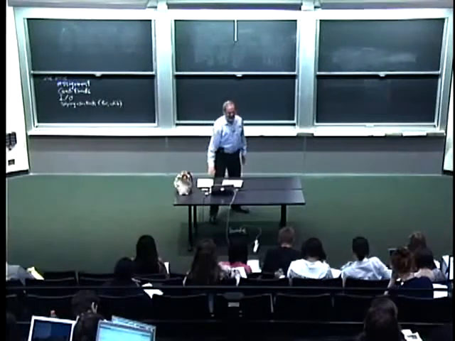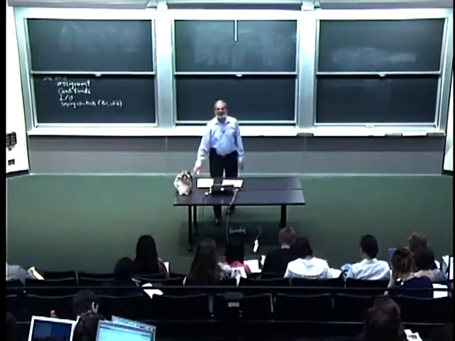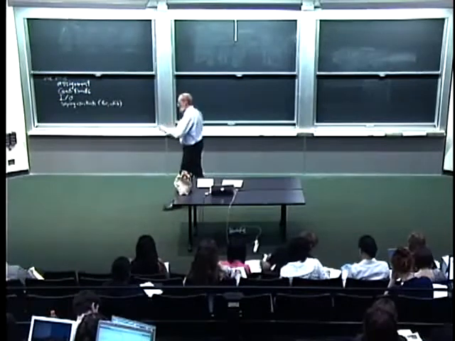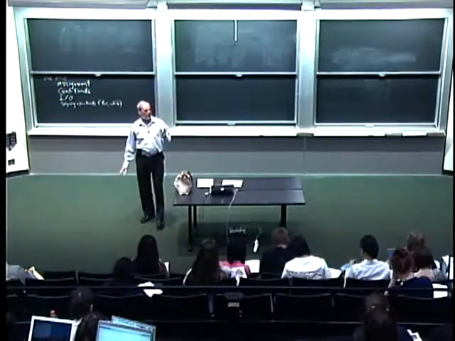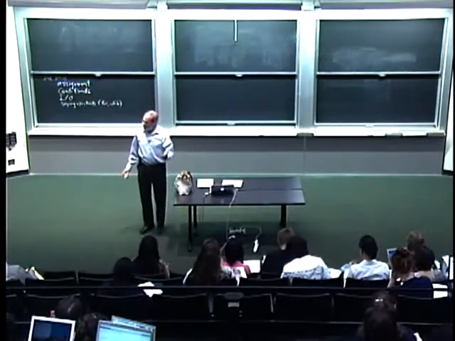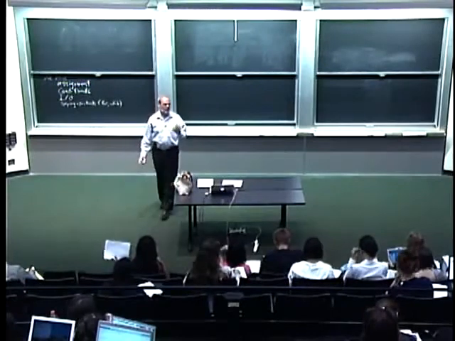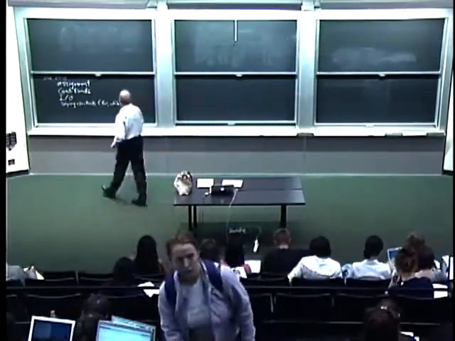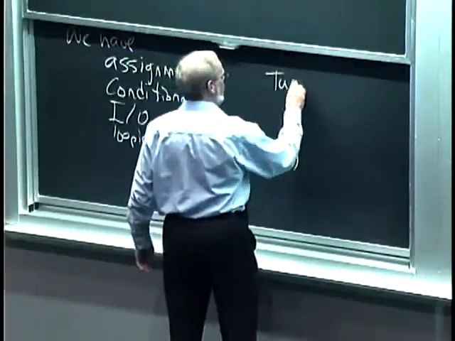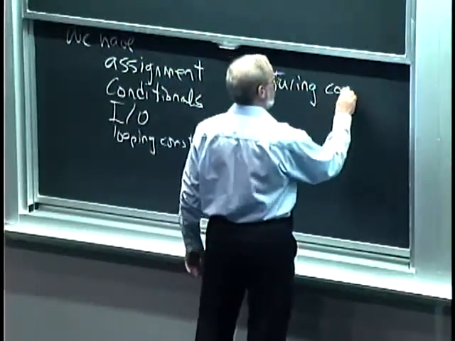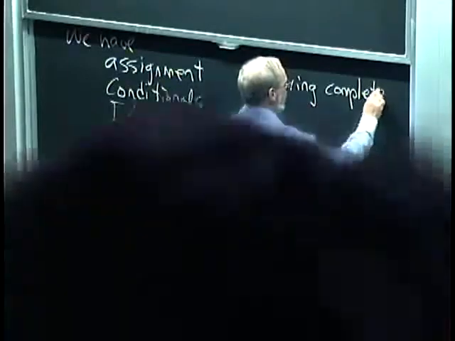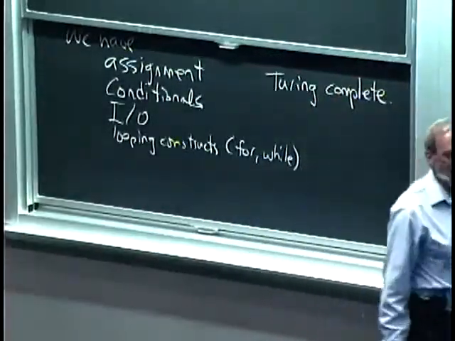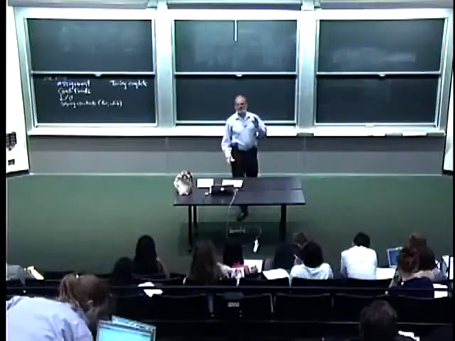And one of the things we said last time was with that set of things, the ability to give names to values, the ability to make decisions, the ability to loop as a function of that, the ability to get things in and out, we said that that actually gave us a language that was Turing complete. And that meant in English that this was enough to write any program.